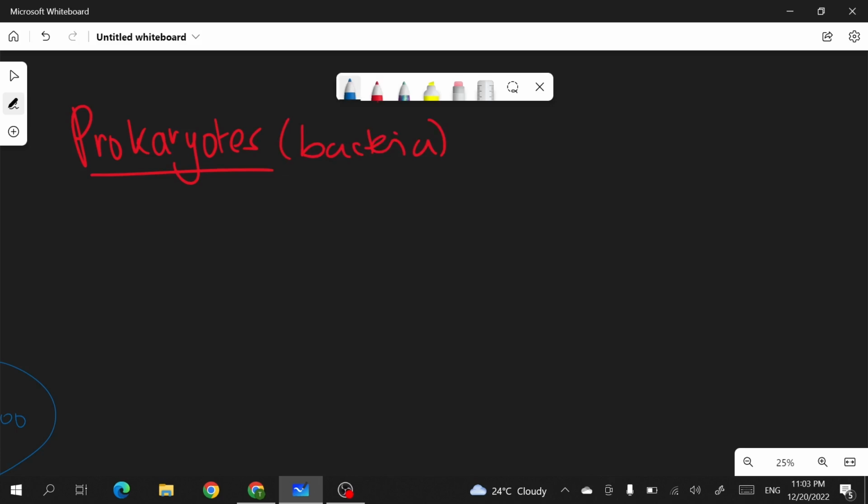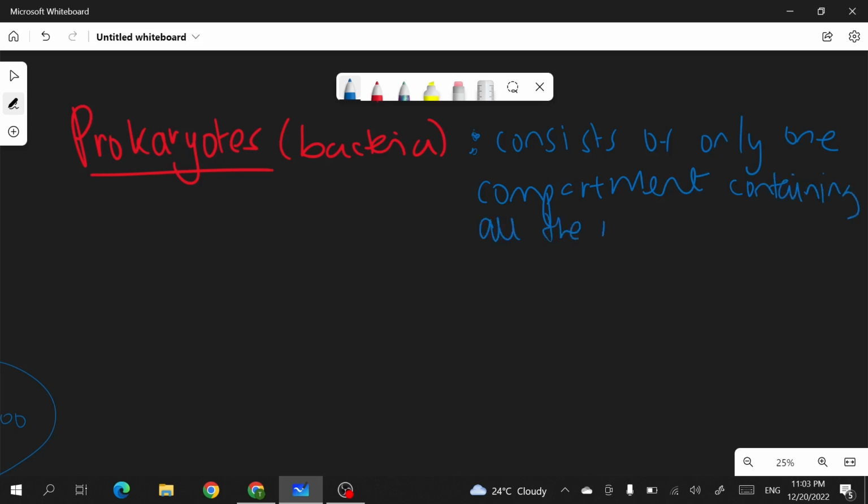So when we talk about prokaryotes, they consist of only one compartment, containing, let's say, all the enzymes required for basic function.